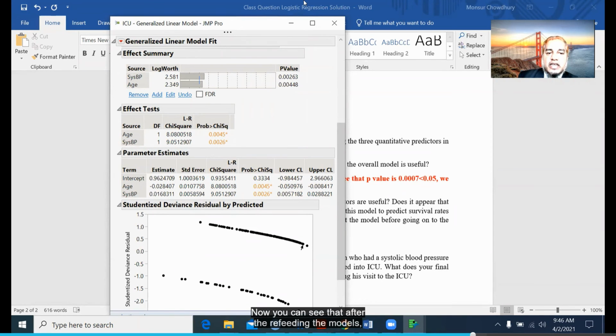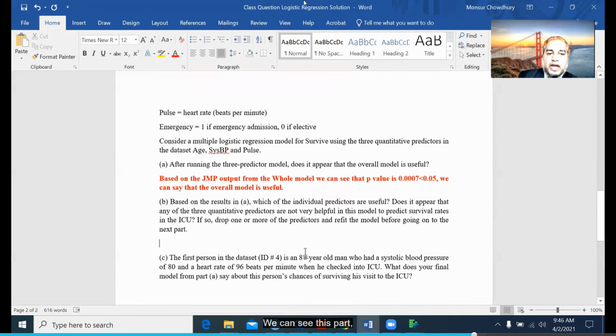Now after refitting the model, we can see these two are significant. So this part we just do based on the results.